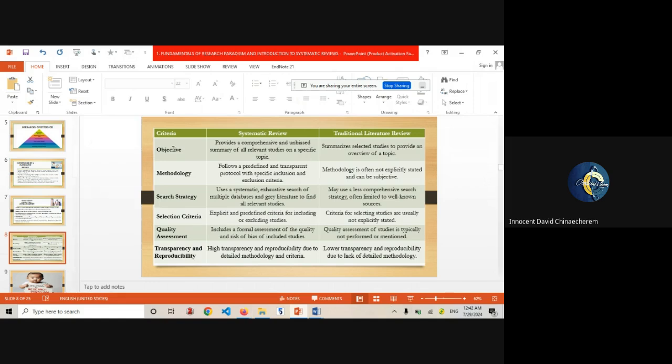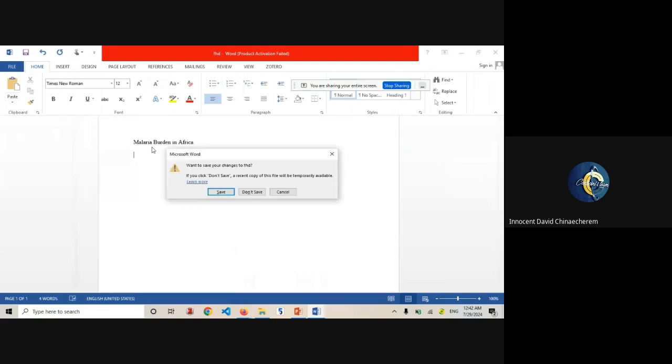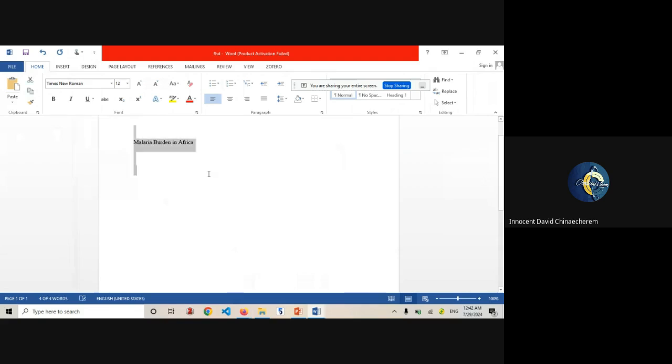Let's say you're an undergraduate student or a PhD student, and your lecturer, your tutor, or whoever is teaching you might give you a topic, right? Your traditional literature review usually comes in your chapter 2. Let's say malaria reporting in Africa. We're going to look at this question from two different dimensions.